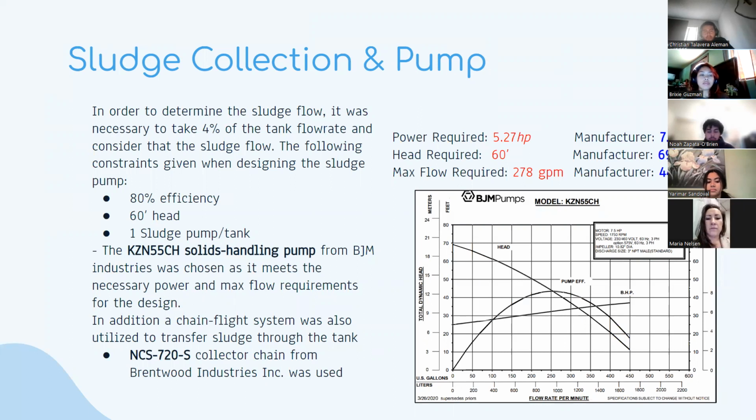This pump is ideal for removing solids from any water system. And as well as that, we also use a NCS-720-S chain of flight collector system in order to move the sludge out of the system and release it outwards. Next slide.